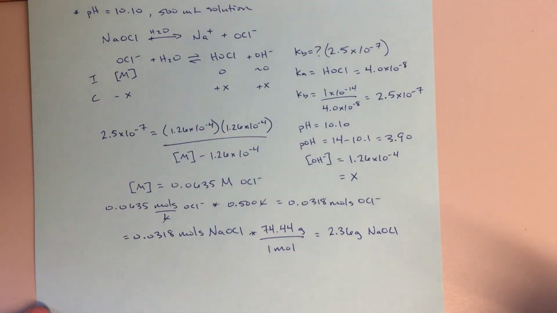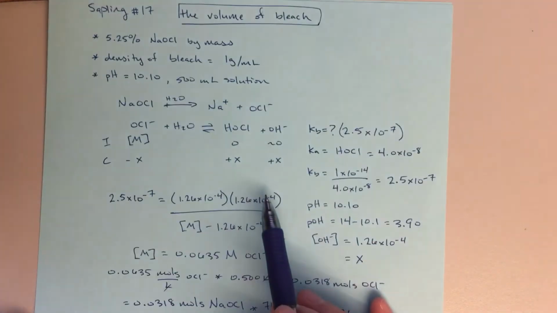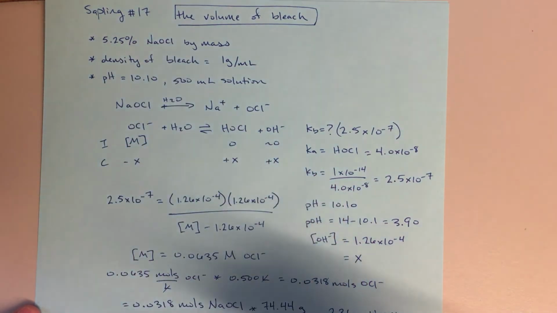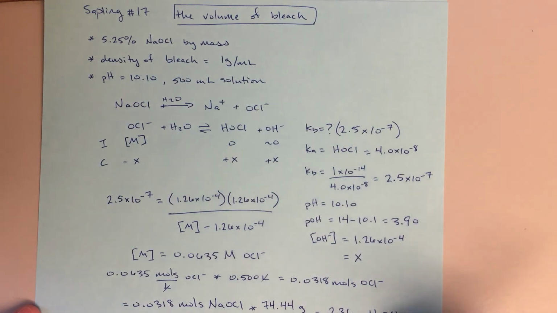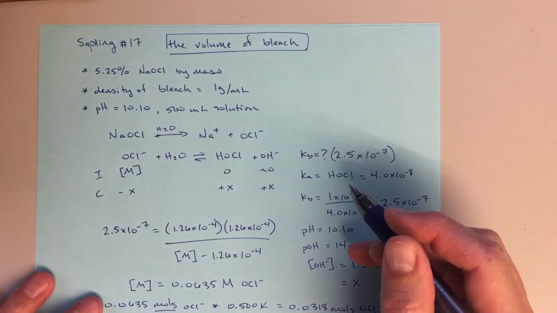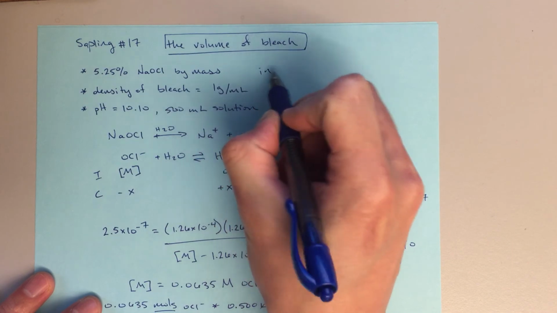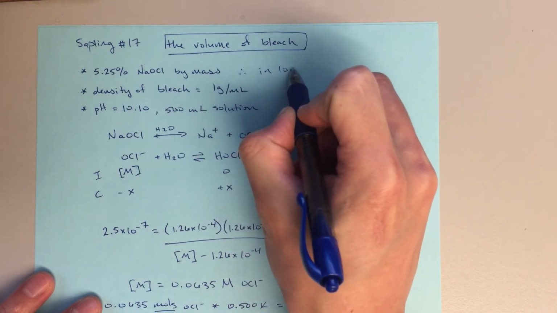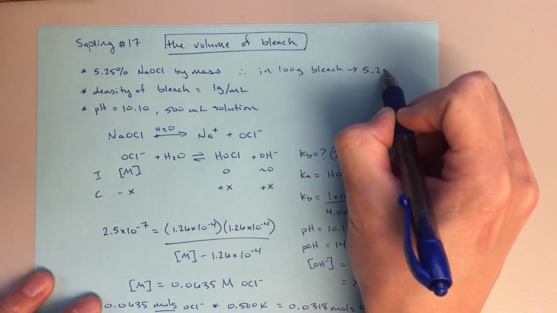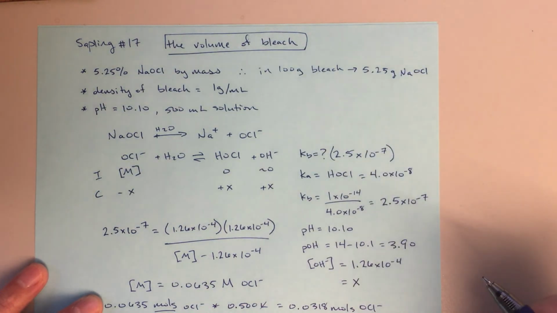And now the last step is to use the density of bleach and the 5.25% by mass information to figure out, okay, how do I get 2.36 grams of sodium hypochlorite? So let's go back up here. 5.25% by mass, another way to say that would be that in 100 grams of bleach, we would have 5.25 grams of sodium hypochlorite.